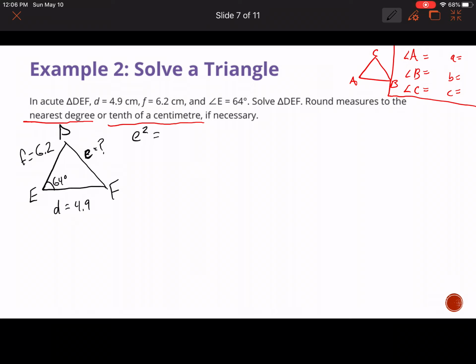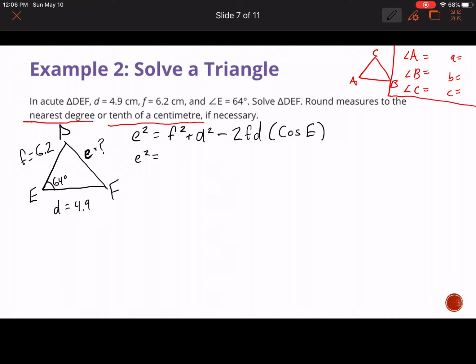So e squared equals my other lengths added together, squared, minus 2, both the other sides again, and then cosine of the big angle opposite what I'm trying to find.